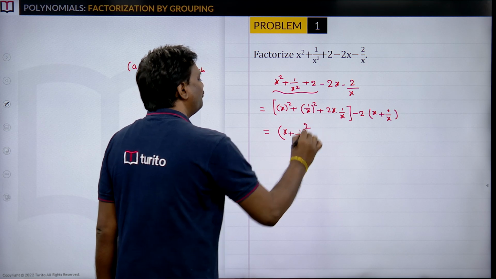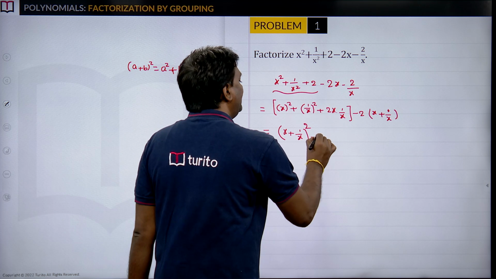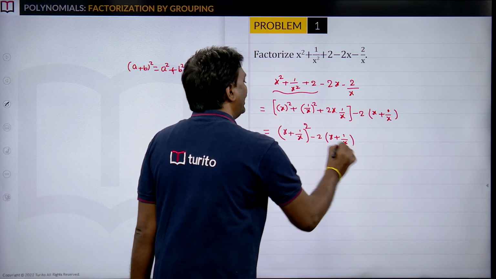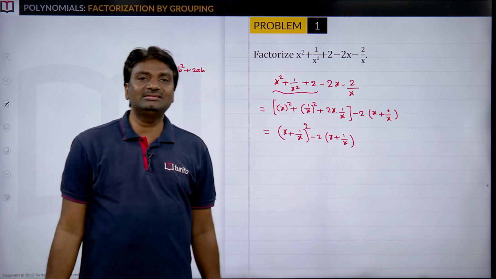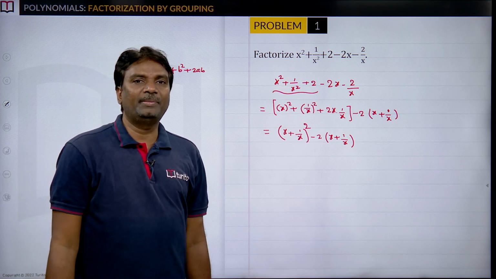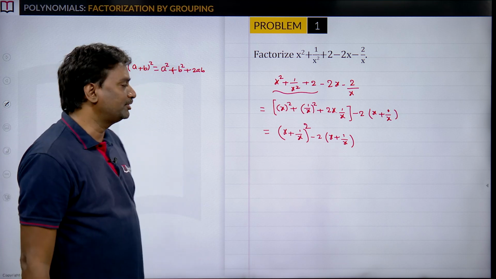So, x plus 1 by x whole square minus 2 into x plus 1 by x, where x plus 1 by x whole square means x plus 1 by x into x plus 1 by x. X plus 1 by x whole square can be written as x plus 1 by x into x plus 1 by x.